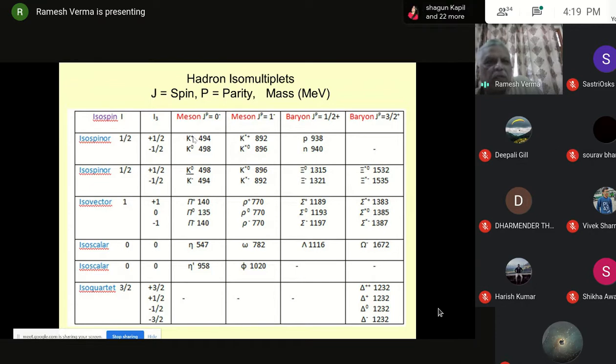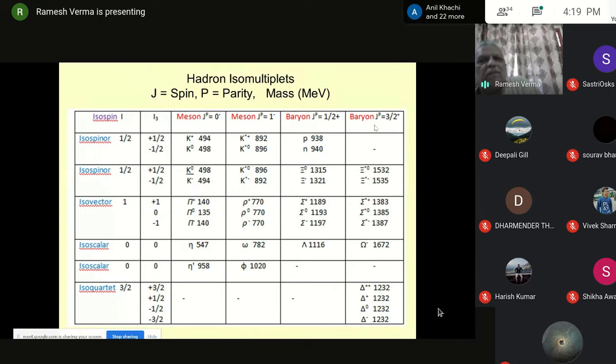We find there are many more, like mesons, for example K plus and K0, which form an isospinor with third component plus half and minus half, and they carry mass 498, which is quite close. And then in vector mesons, we have their heavy brothers, K star plus and K star 0, with mass around 892, 896. So these are nearly degenerate. So is the case with this.